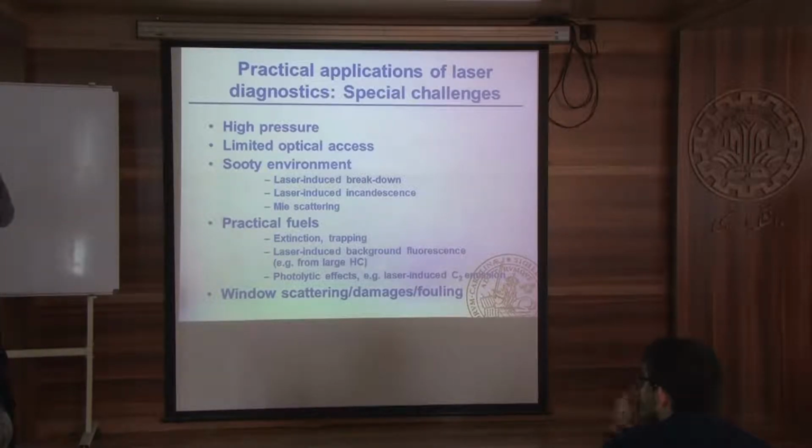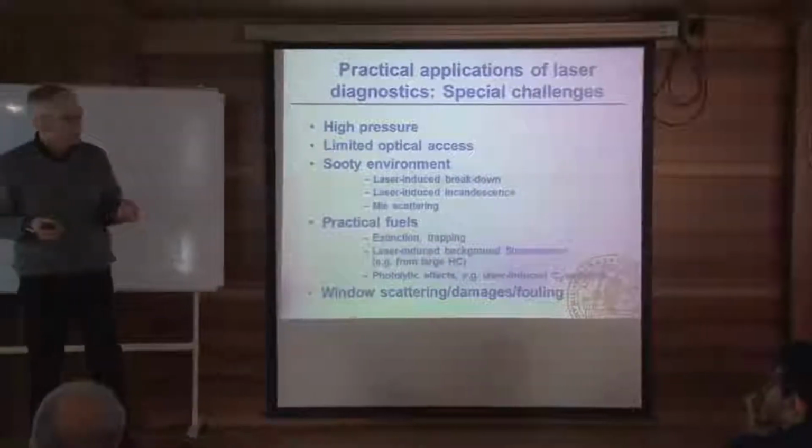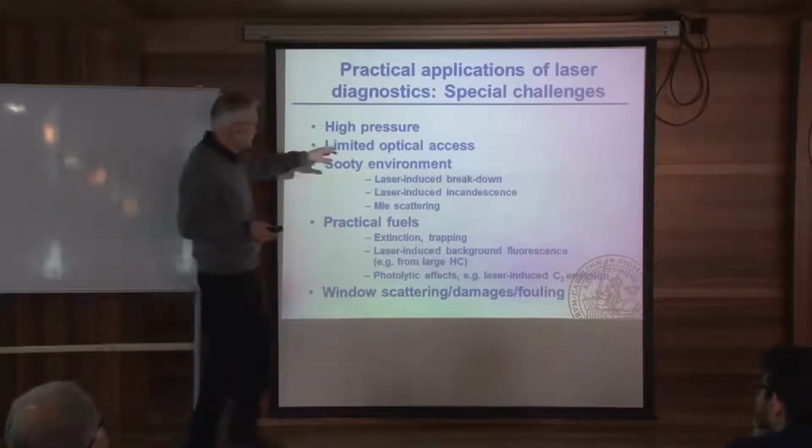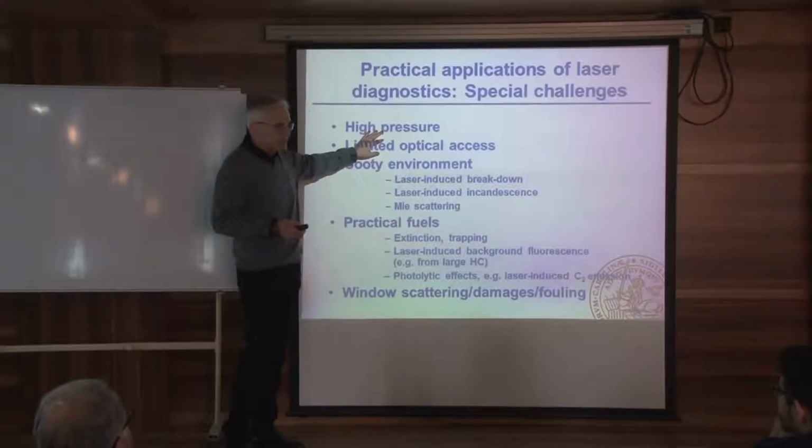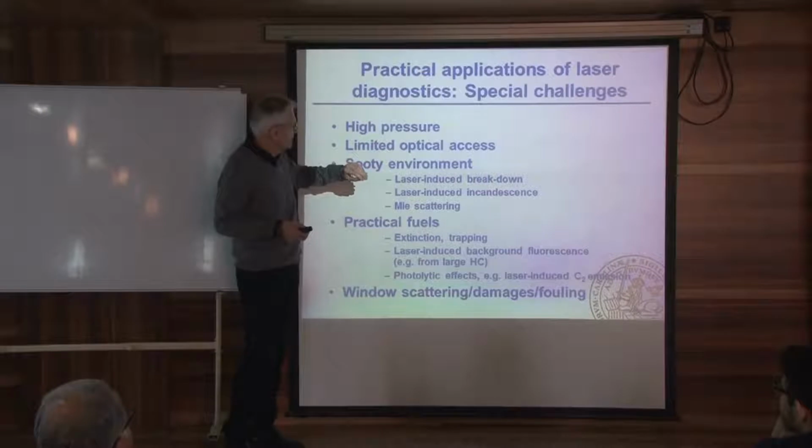Do we understand the interaction between the laser and the molecules? Could we quantify it? So this is, I would say, very important for the future. Not too much has been done there.